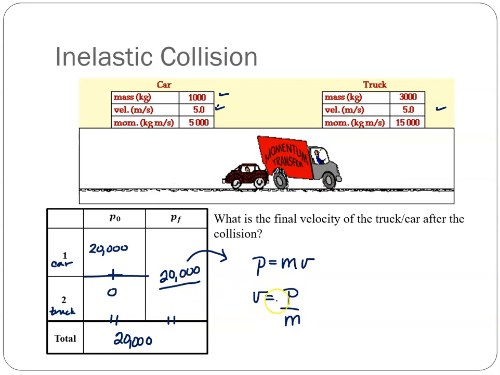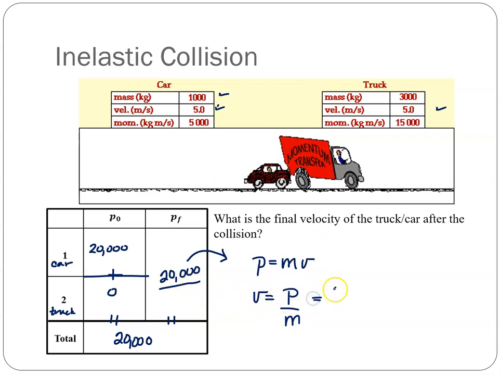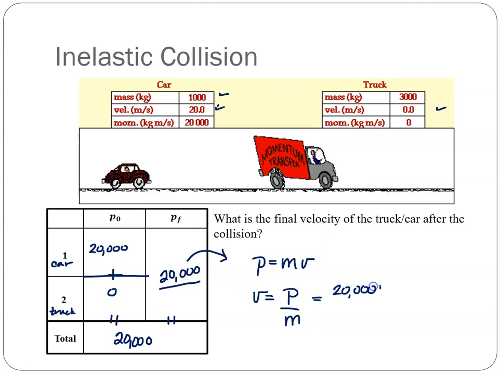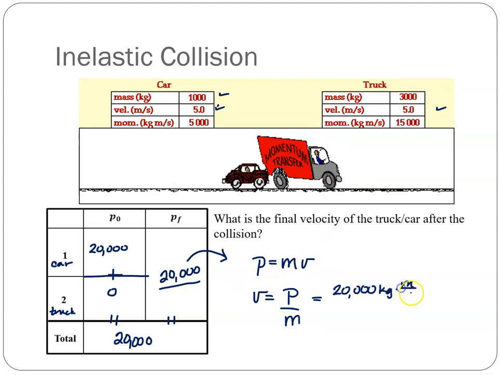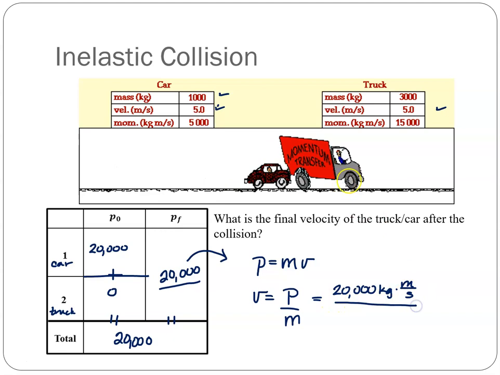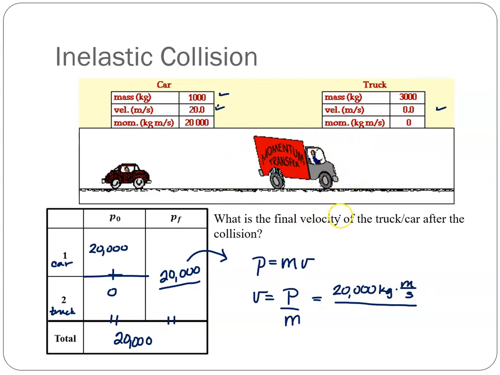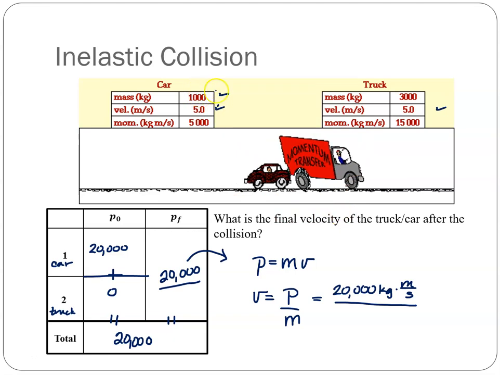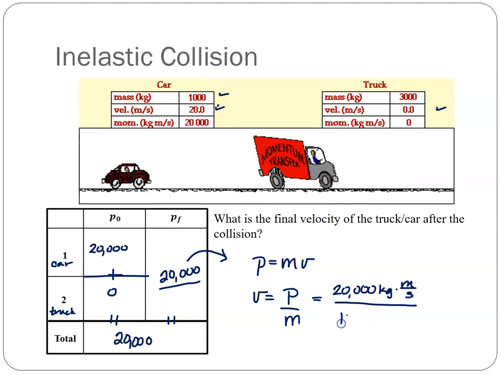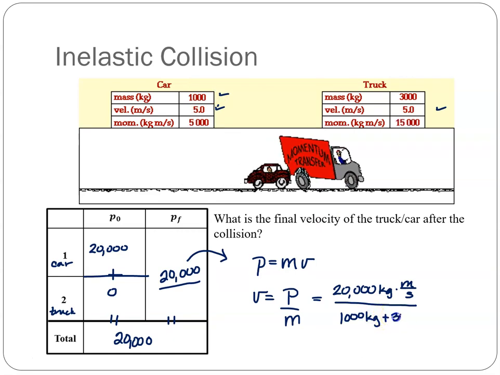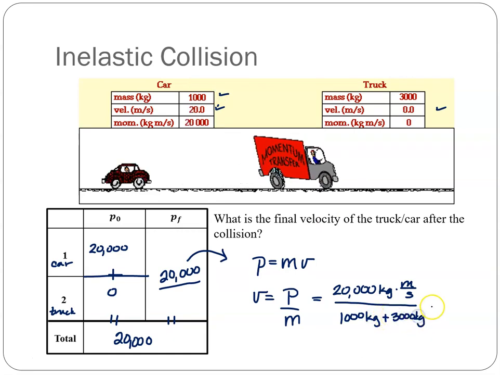I have my momentum of 20,000 kilogram meters per second. But what is the mass of this car-truck combination? Well, it's going to be the sum of the mass of the car and the truck: the 1,000 kilograms of the car plus the 3,000 kilograms of the truck.